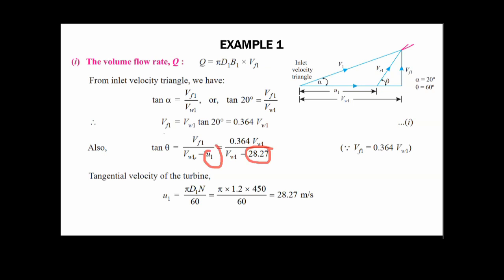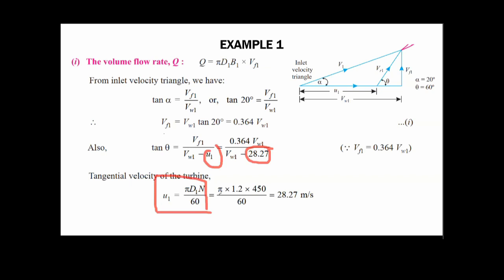In order to calculate U1, we can use this relationship: U1 is equal to pi d1 n over 60, where n is the rotational speed, the RPM here, 60 RPM.